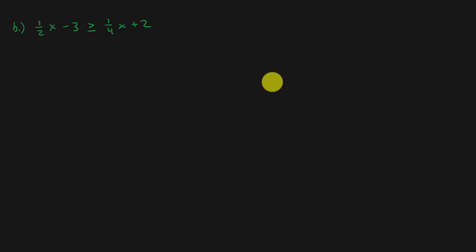When you were solving an equation and you had fractions, what did you do? You got rid of the fractions, didn't you? And how do you get rid of the fractions? You multiply everything through by the common denominator. So I'm going to multiply everything by the common denominator, which is 4.